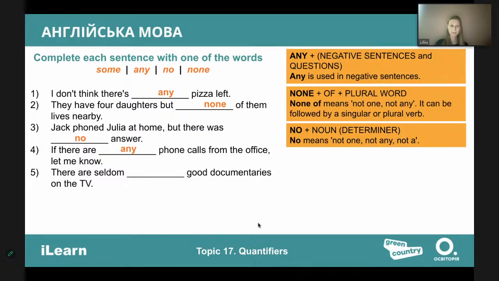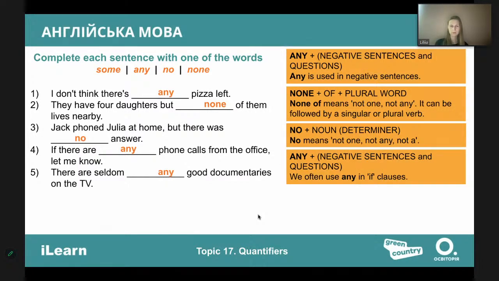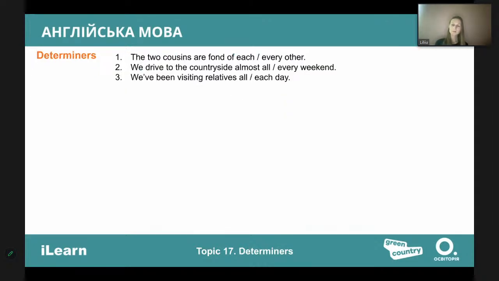And number 5, there are seldom any good documentaries on the TV. Seldom any. All right. So now let's look here. What do you think about sentence number 1? The 2 cousins are fond of each other or every other. Seldom, рідко.